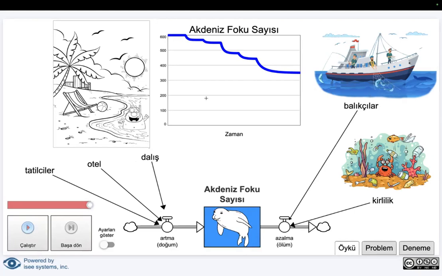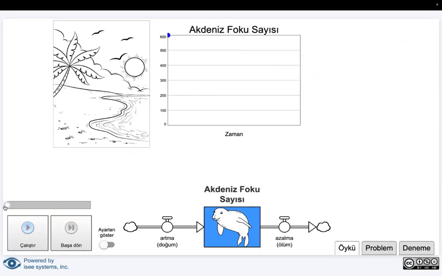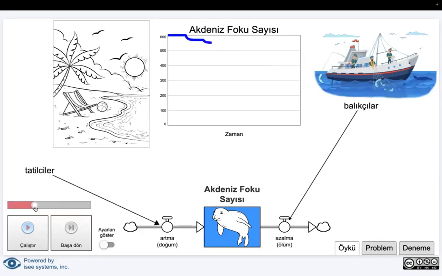These are the fishermen. This has 3 things in it. The first one is people going to the beaches, so they are polluting or disturbing the animals. And the next thing, after there's an interest in that beach, some hotels or facilities are built. And after that, some other people come and start diving in the caves where the seals reside.